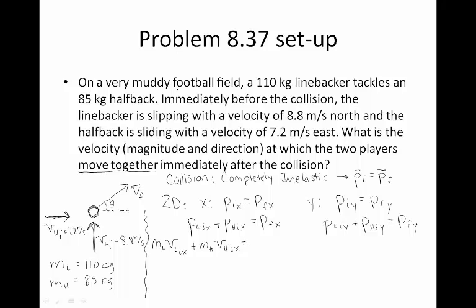And then for final momentum, you've got two guys sticking together. So the total mass would be the sum of each of the guys. And then the velocity is that v final that we wrote over here, but it's in the x direction, so it's v final x.